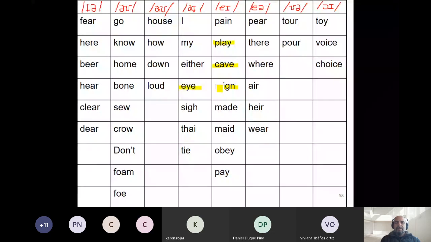Which is the odd one? Obviously, I, because play, cave, rain, all of them have the same diphthong, A, right? Except I, that is the odd one.